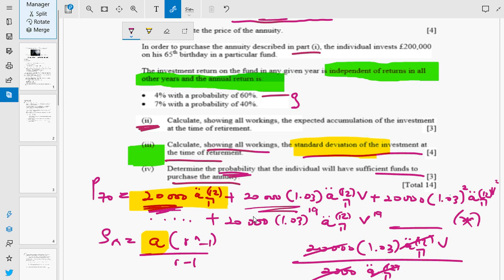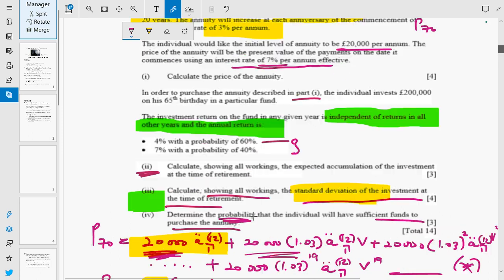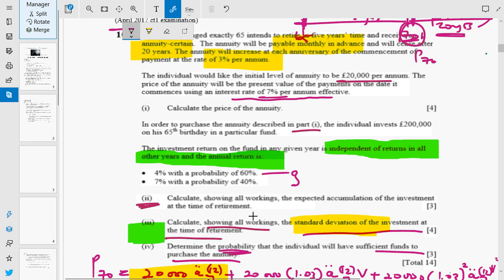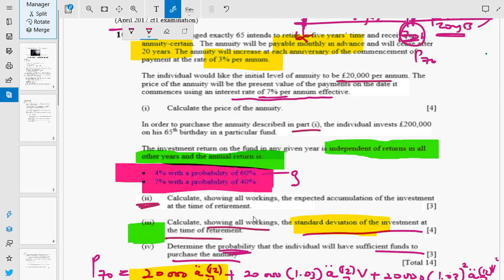Please, we are not given any log normal distribution here or any continuous density function. So you can't start using those, but you have to use the discrete probability function given in this question, which is this. You have to use that.